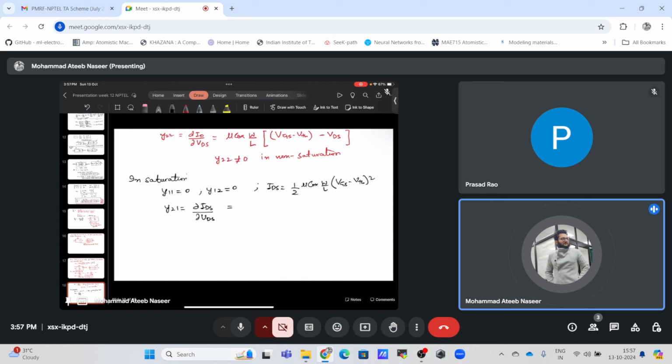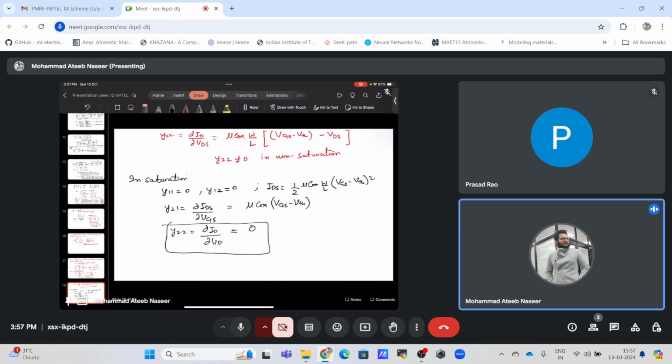So dID by dVGS will be simply mu times Cox W over L times (VGS minus VTH), and Y22 will be dID by dVDS. For the ideal case this is independent of VDS, so Y22 is ideally 0.